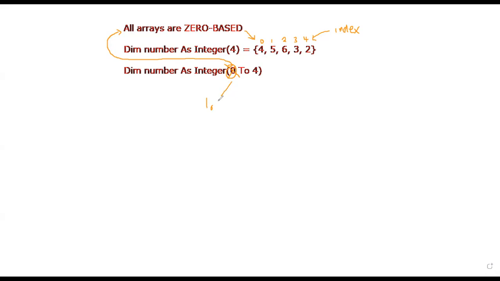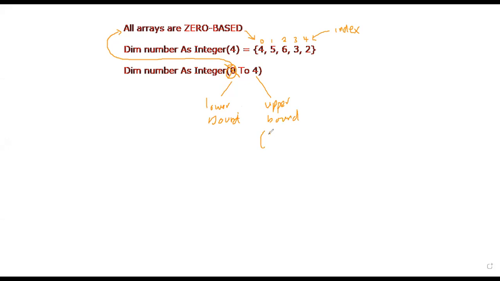All right, so the 0 is considered as the lower bound. Pardon my writing. Then this is considered as the upper bound. That's the last index. Okay.